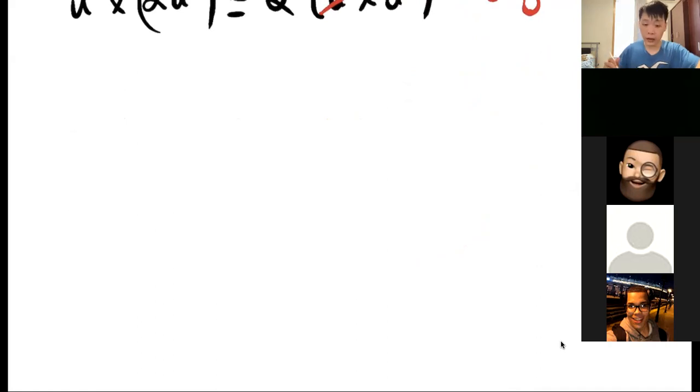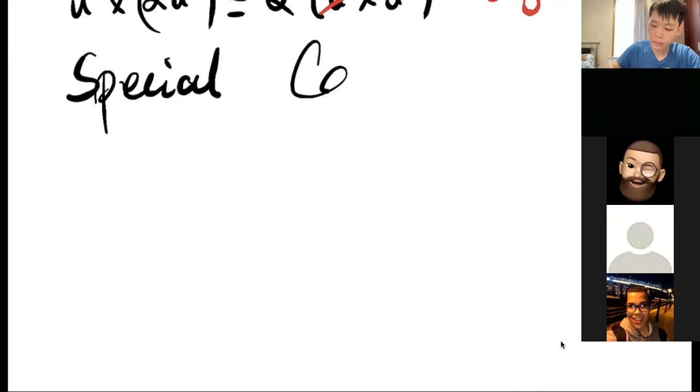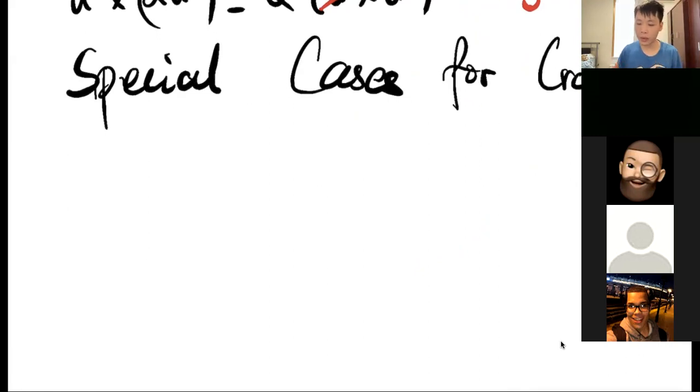And how about special cases for cross products? What I mean by special cases is cross products on the standard basis. So when you have i cross j, the result is actually vector k, right? There's sort of a fun exercise you can do on your own.